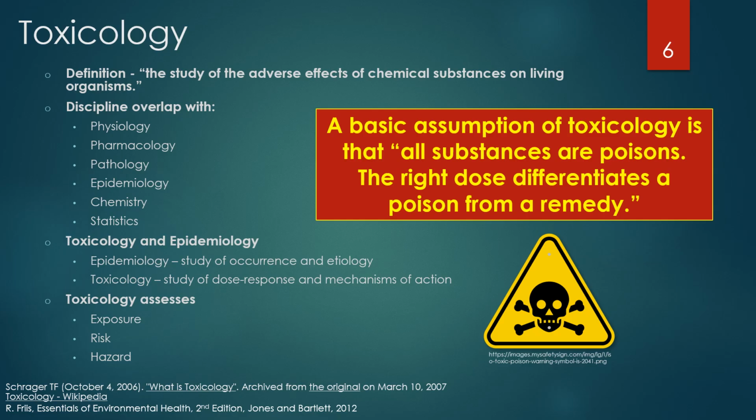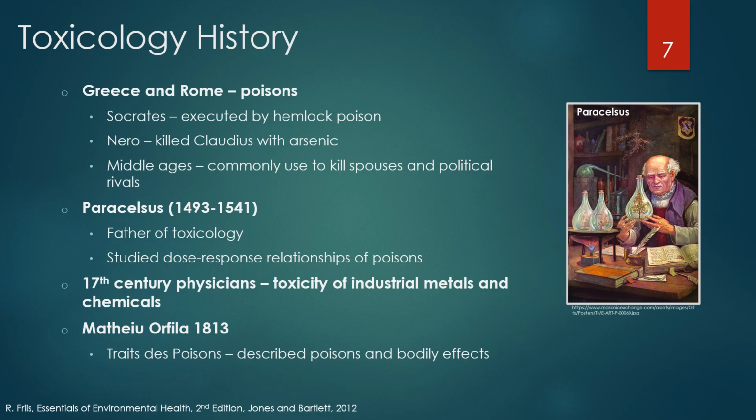A basic assumption of toxicology is that all substances are poisons. The right dose differentiates a poison from a remedy. Throughout human history, humans have been fascinated by poisons. In Greece and Rome, poisons were used for suicide, executions, and assassinations.